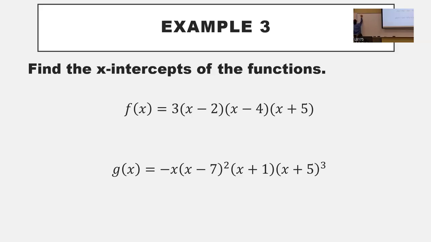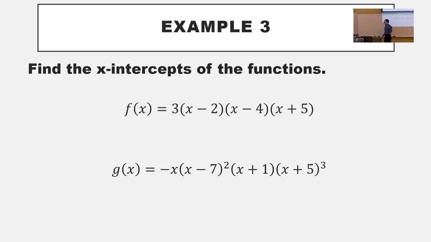We have here f of x is equal to 3 times x minus 2 times x minus 4 times x plus 5. And then we have this other polynomial, g of x is equal to negative x times x minus 7 squared times x plus 1 times x plus 5 to the third.